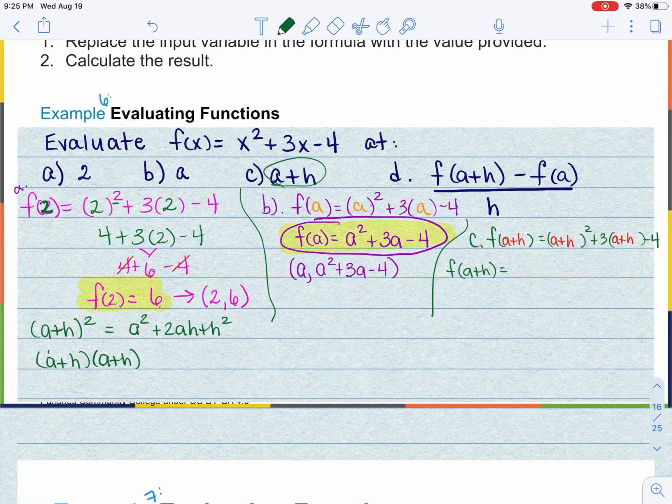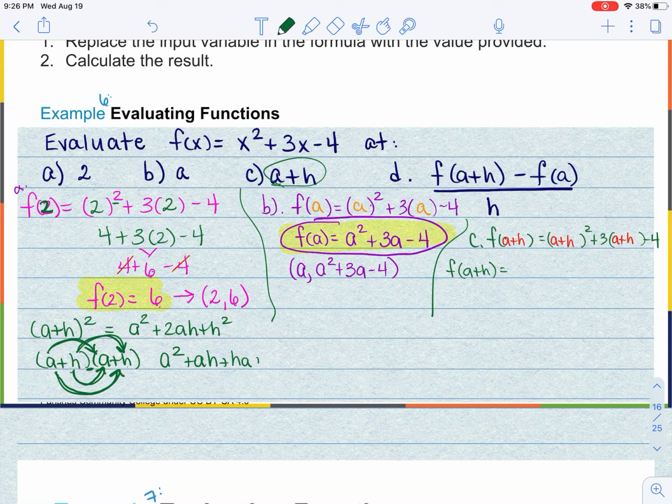Many of us fondly know this as the FOIL method. First, outer, inner, last. Makes a little smiley face right there. So if you multiply a times a, you get a squared. Then you distribute a to the h. That's outer. a times h would be ah. Then, once you've distributed the a to the a and then to the h, we're now going to pick up and distribute the h to the a, which would be ha, which is the same as ah.